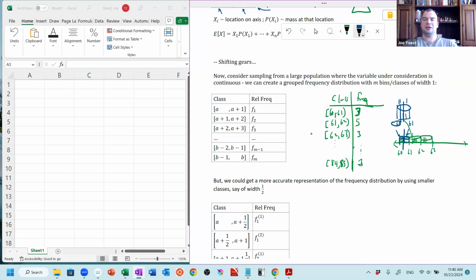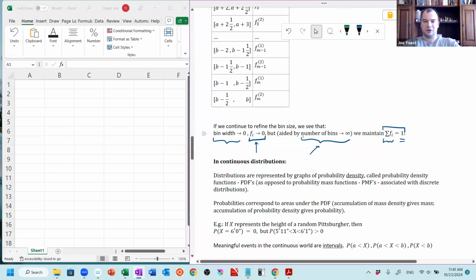That would be like flipping a coin and getting heads on the first flip and the second flip and the 100th flip and the 1,000th flip and the 1,000,000th flip. I'd have to flip a coin to get heads infinitely many times in a row. Or to get exactly 60, each time I split this in half, I'd have to end up in the left bin every single time, infinitely many times, as my number of bins goes to infinity.